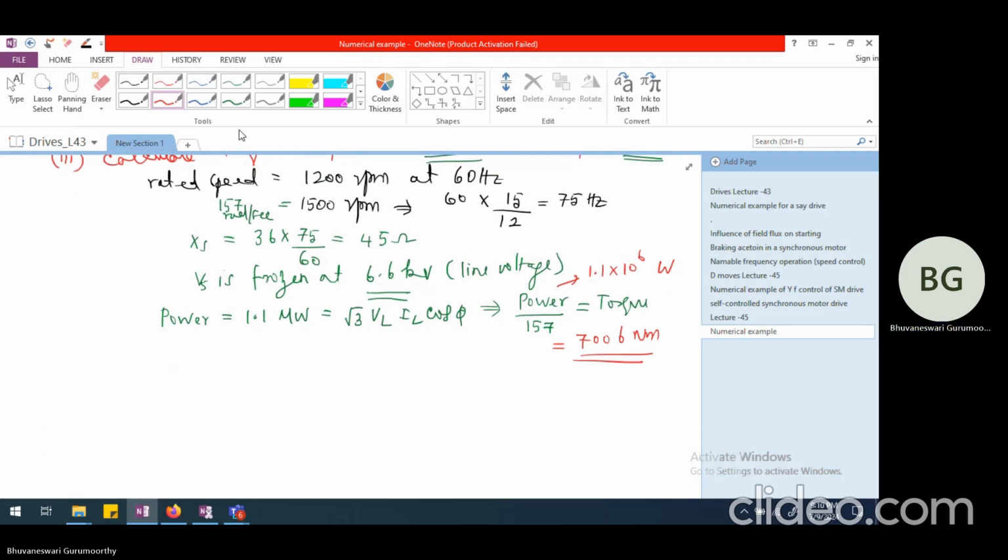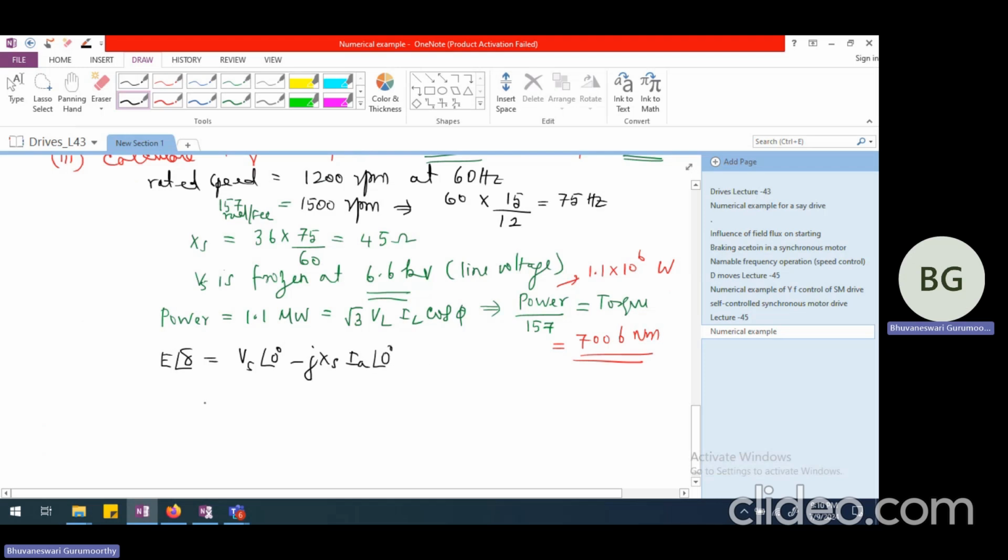Now, we should be able to calculate E angle delta. That should be equal to Vs angle 0 minus j Xs times Ia angle 0, because this is also unity power factor.